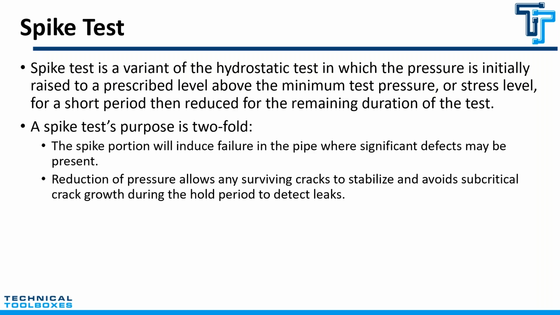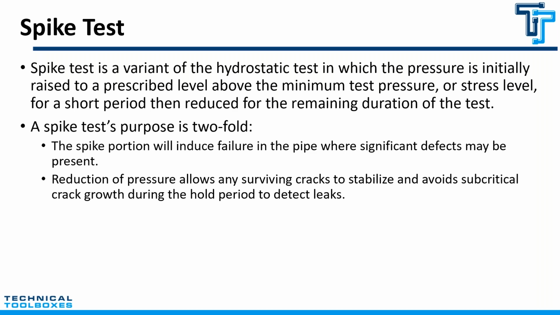It is usually done ahead of the full-blown hydrotest. In the first 2 hours, you might do a spike test based on the specification. For the spike test, you spike the pressure above the minimum test pressure to a prescribed level, for a shorter time frame, and then you reduce it back to the minimum test pressure that you want to test against.